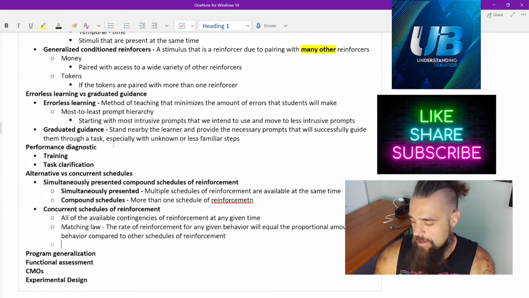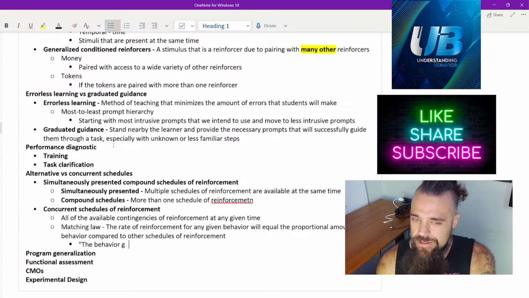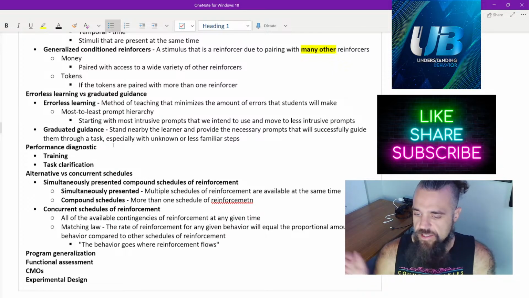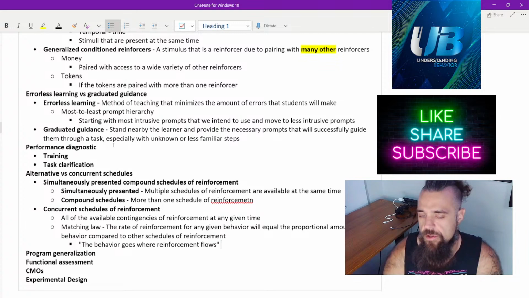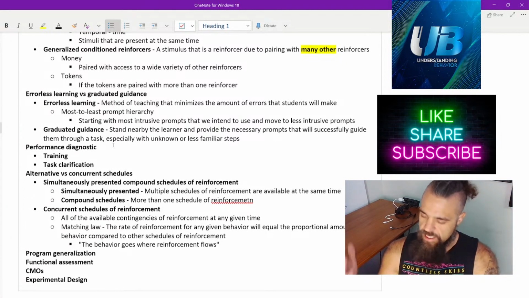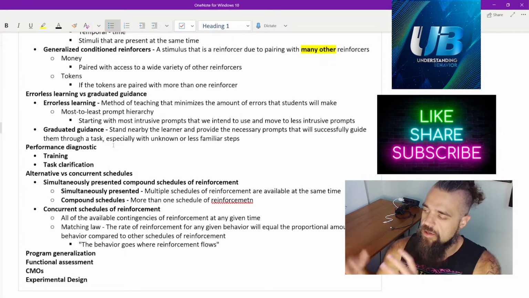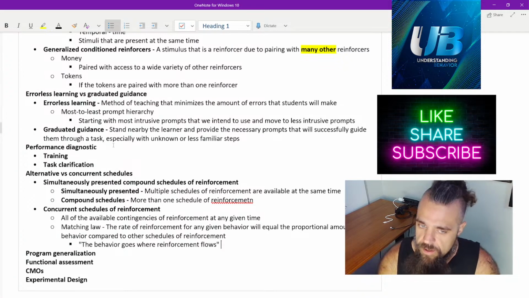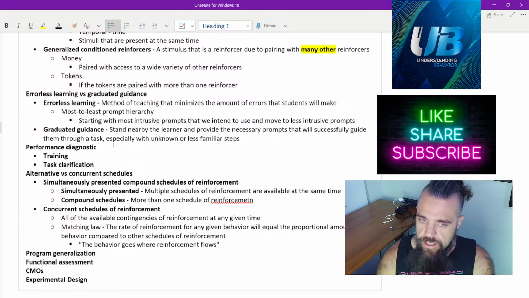That's the really technical definition, and everybody loves this one better, and I kind of do too: behavior goes where reinforcement flows. So the places where there's more reinforcement, we're going to allocate a higher proportion of our behavior toward those schedules. And the schedules with more punishment, more extinction, less quality reinforcement, those behaviors are going to be diminished in our repertoire, but the extent will depend on those reinforcement and punishment rates.